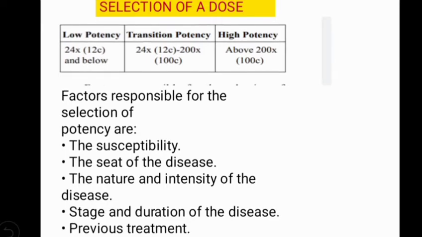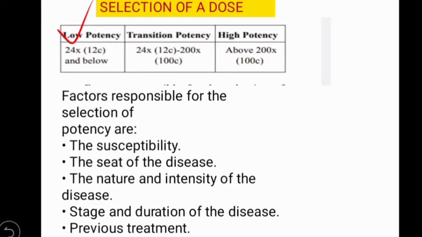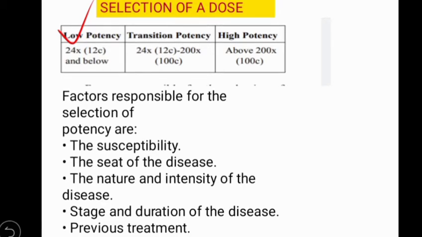The selection of doses depends upon three types written in our books. Low potency is up to 24X, meaning the 24 decimal scale, and 12 centesimal scale, that is, 0 to 24 on the decimal scale and 0 to 12 on the centesimal scale, where the drug power at 12C becomes 1 by 10 to the power 24.